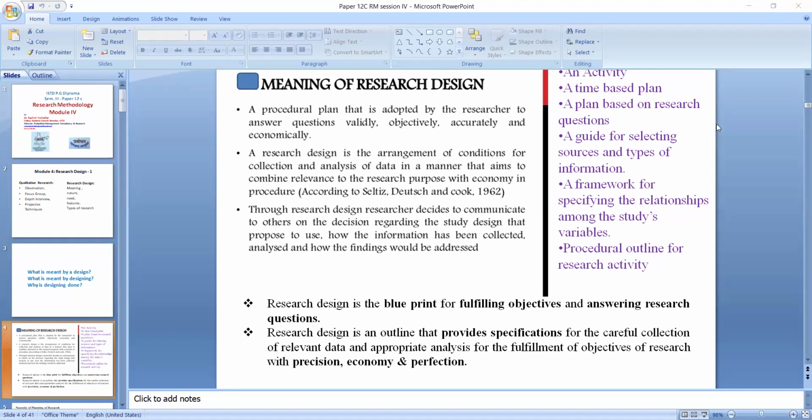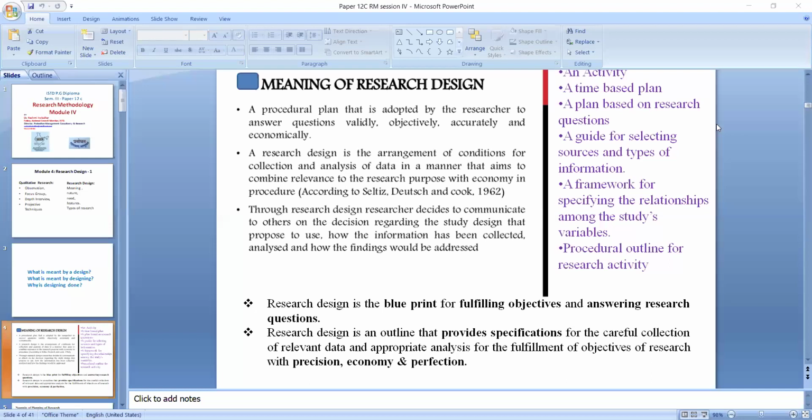It is a time-based plan. It is a plan based on research questions. It is a guide for selecting sources and type of information. It's a framework for establishing the relationship between or amongst the variables. So it leads you for the procedure.